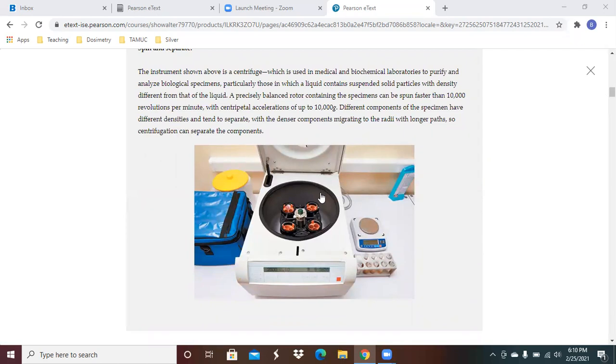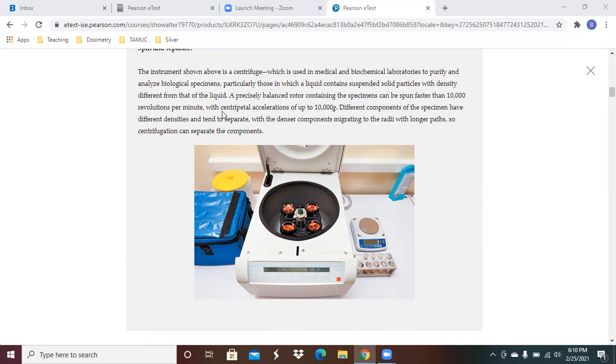So the device that you see here is something called a centrifuge. It is used in labs to purify and analyze biological specimens, particularly those in a liquid that contain suspensions. A precisely balanced rotor contains the specimens, and it can be spun faster than 10,000 revolutions per minute, with centripetal accelerations of up to 10,000 g.